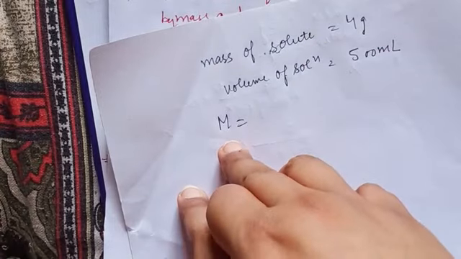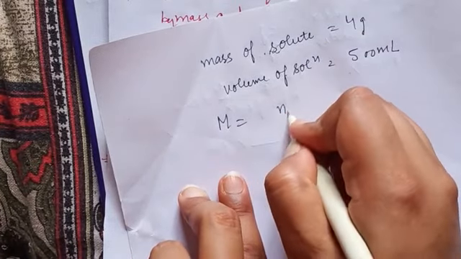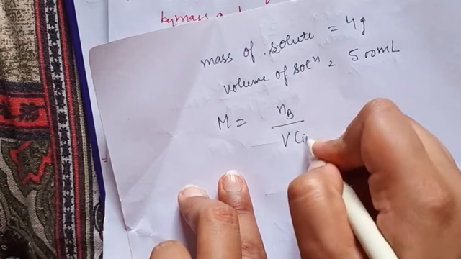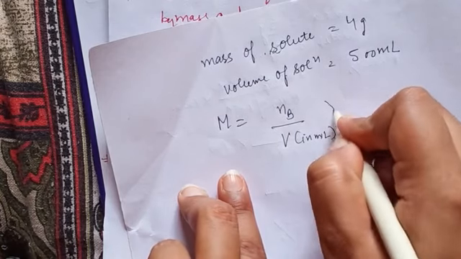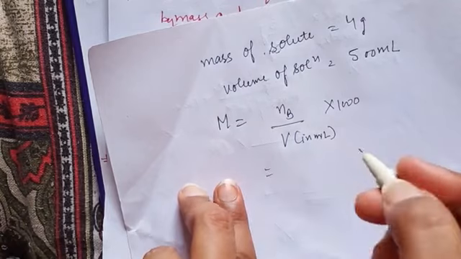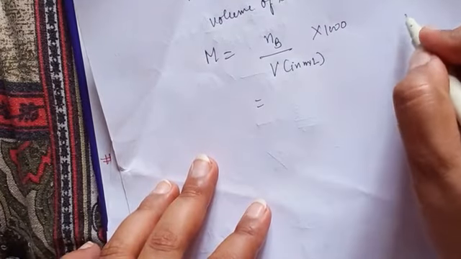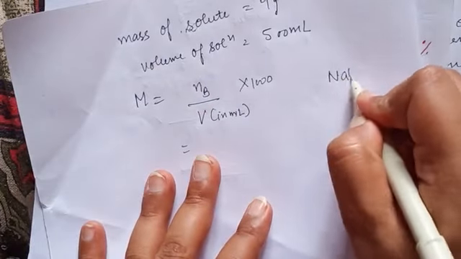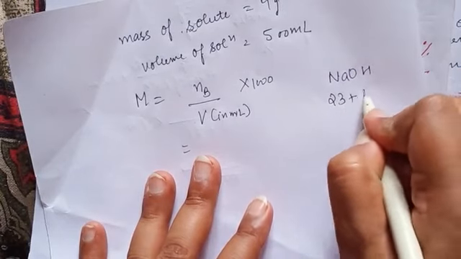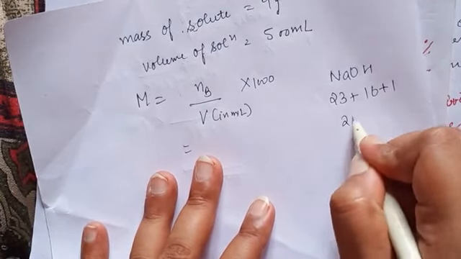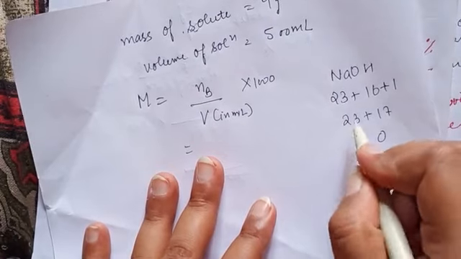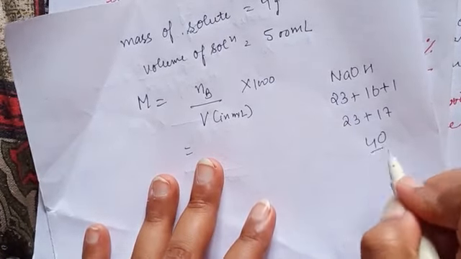Now what is the formula of molarity? Molarity is denoted by capital M. Number of moles of solute divided by volume. If it is present in milliliter, then we'll multiply 1000 in the numerator. Now, how to calculate the number of moles? Given mass by molar mass. Now for NaOH we'll find out the molar mass. 23 plus 16 plus 1, that is 23 plus 17, that is 40.